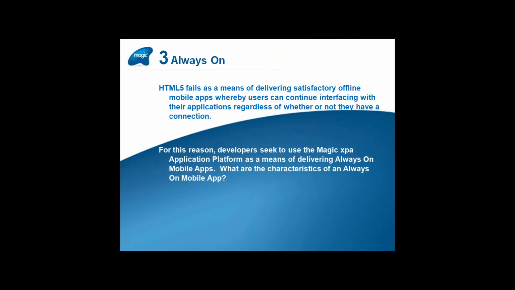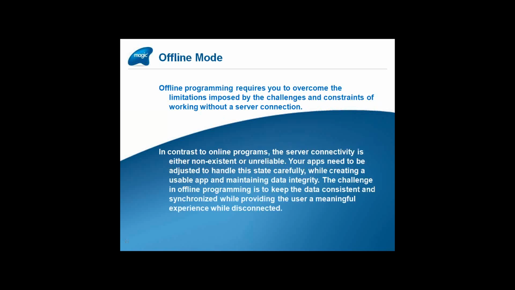Now, we wanted to mention that one of the important elements of mobile apps is that there are times when they don't have a connection to the server. The mobile device is out of area, out of service, or has a bad connection for whatever reason. And for this reason, it's important to look at ways that you can create applications in an offline mode.